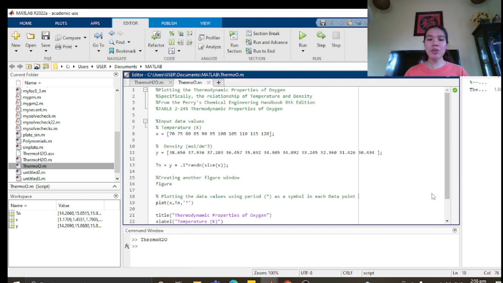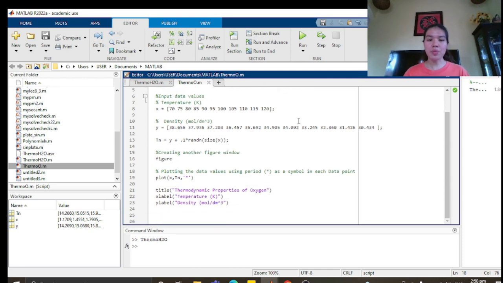So for table 2, we are going to plot also thermodynamic properties, but this time for oxygen, specifically the relationship of temperature and density. It is still from Perry's Chemical Engineers' Handbook, 8th edition, Table 2-245, which is the thermodynamic properties of oxygen.